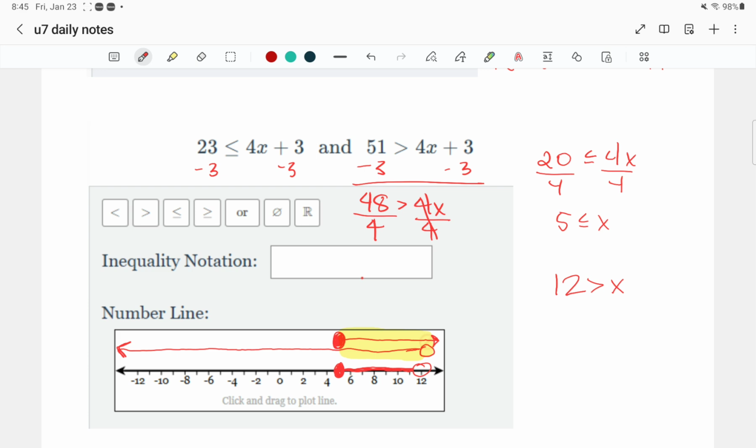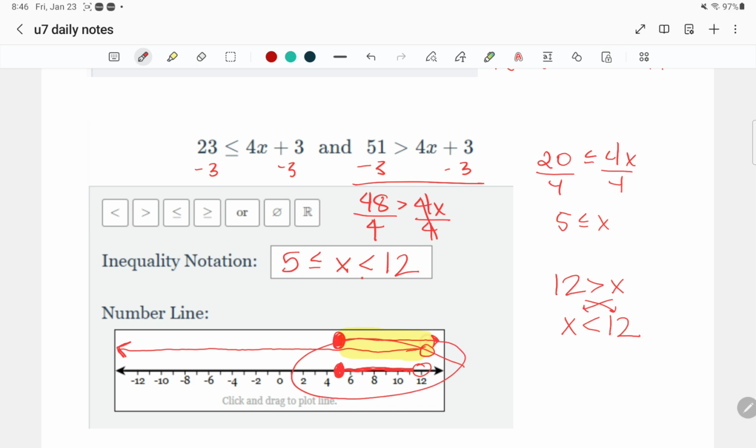And then how I write this, here's my quick trick. If I do the smaller number first, so the 5, then my symbols will always go the same way. What I did essentially is I flipped this the other way, and then you squish them together. So this is one line, one thing.